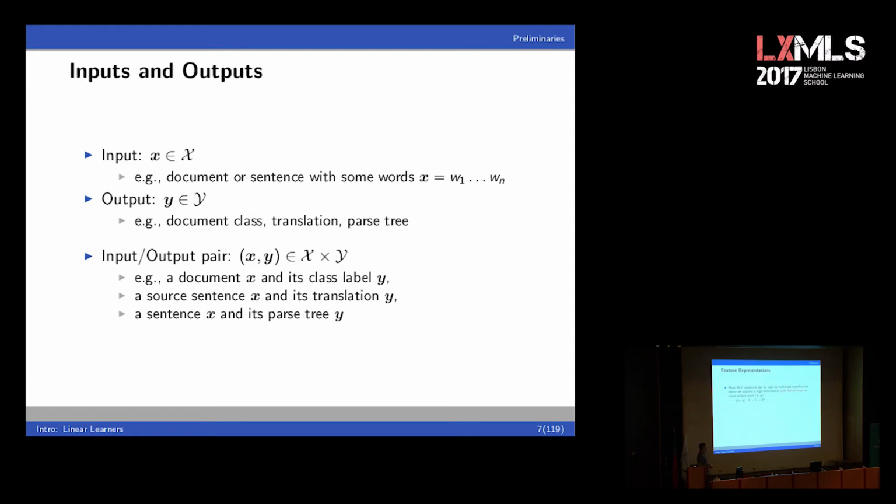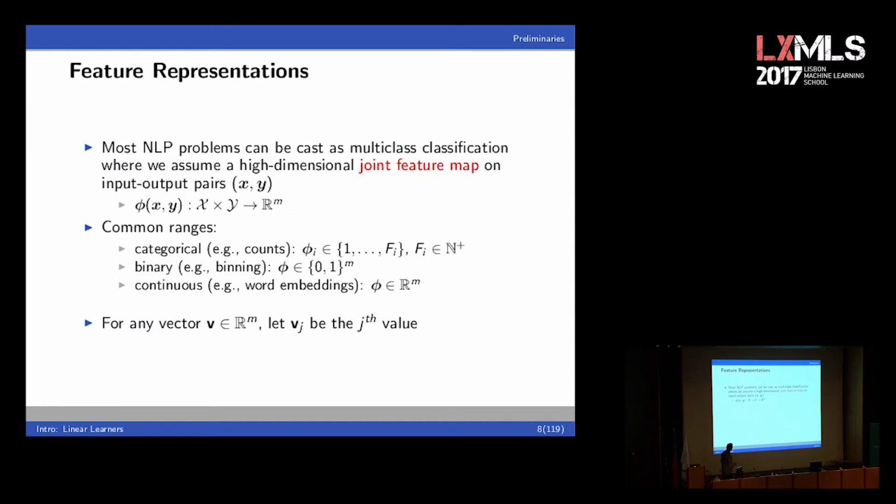So feature representation, that's the most important thing to understand to map this frog model onto our formal framework. So we have a joint feature representation. By joint feature representation, what I mean is the features are defined by looking at input and output jointly.